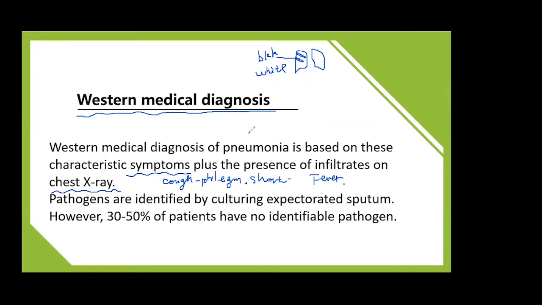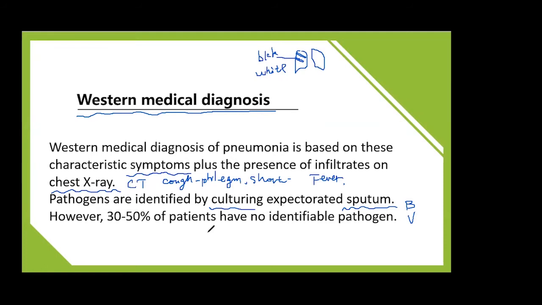So that's the X-ray check; with a CT scan, we can get a clear diagnosis. We can also check the patient's cough with phlegm and culture the phlegm. Pneumonia is mainly a microorganism infection, maybe bacterial, maybe virus.